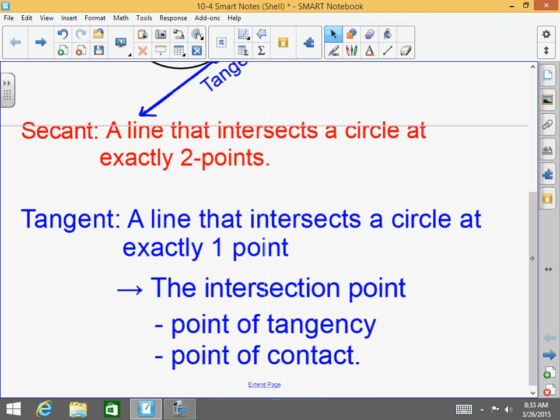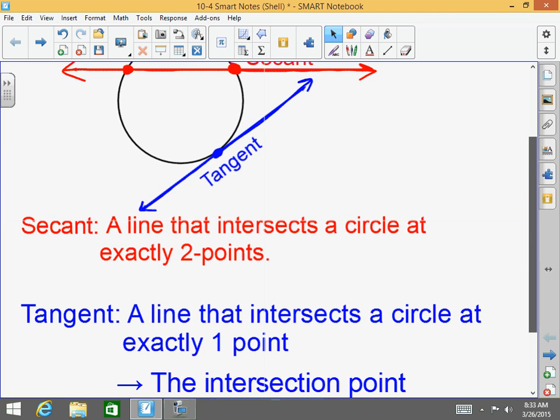Now, I do want to explain. Some people ask if there's a line or a segment coming from the center, is this a tangent? No, it is not a tangent. Why is it not a tangent? Well, if it's coming from the center and it hits the exterior part of the circle, that's called a radius.